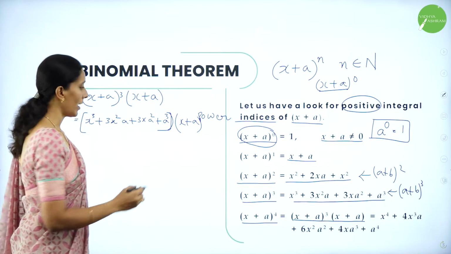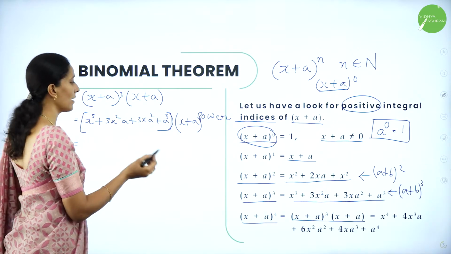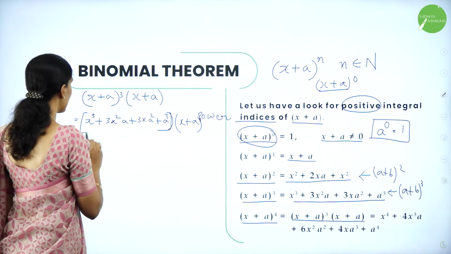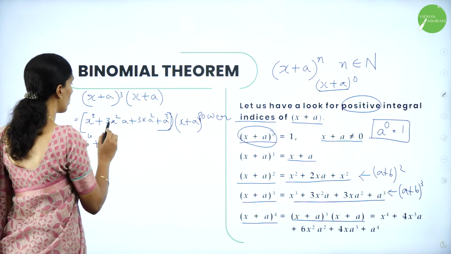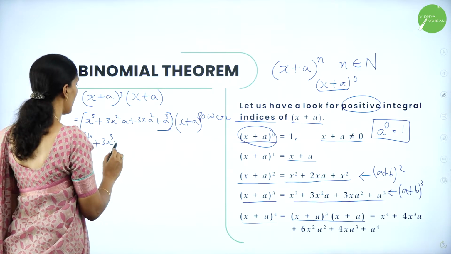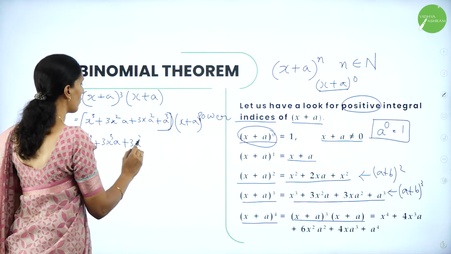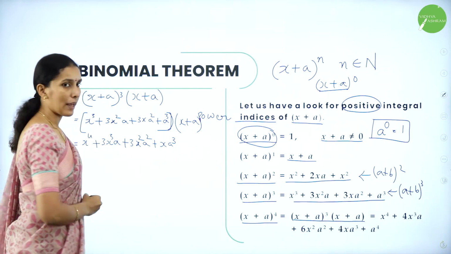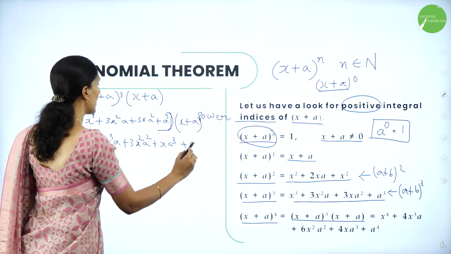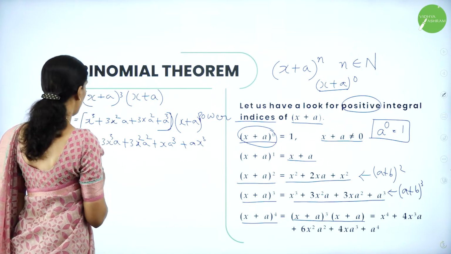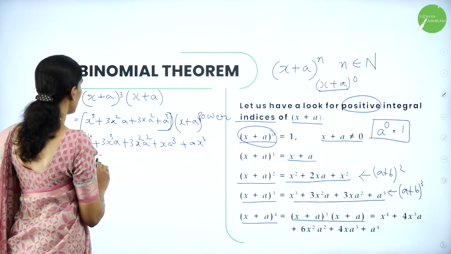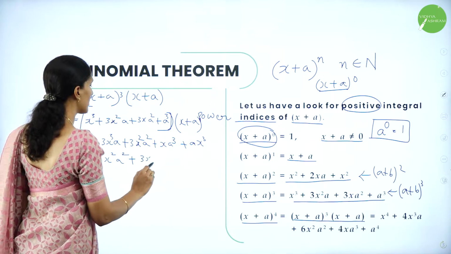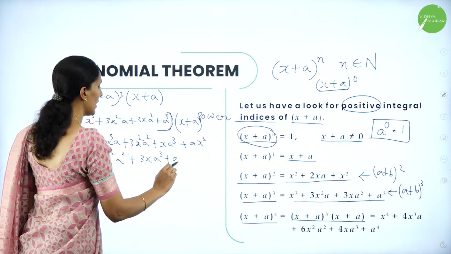Using the binomial product, just multiply with x one time, then multiply with a. What happens when you multiply x here? x into x cube is x power 4, plus 3x cube a plus 3x square a square plus xa cube. Then multiply with a. This becomes ax cube plus 3x square a square plus 3xa cube plus a power 4.